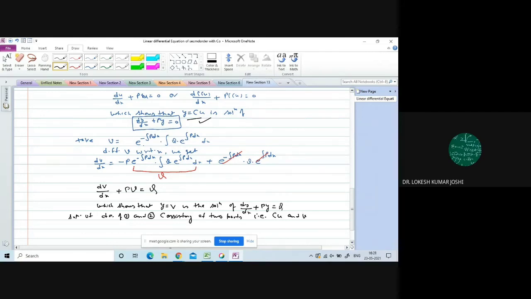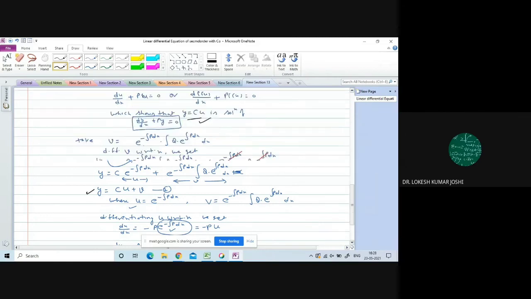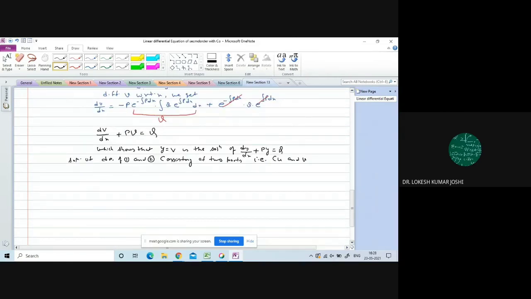If we see it carefully, see it here. This is cu plus v. I wrote it here: y equals cu plus v, where cu is the solution of the differential equation whose RHS is 0.